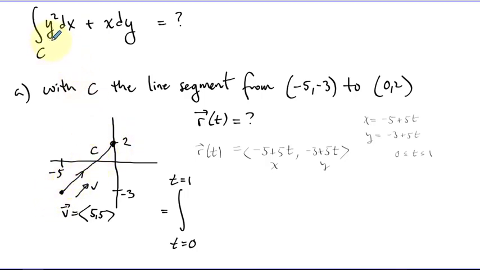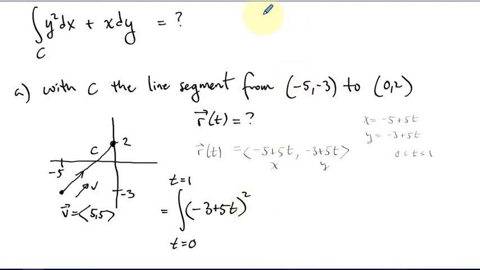So the y will be just whatever the y is on that path. So it'll be -3 plus 5t in terms of the parameter. That's the y, so it has to be squared. So I have y squared times the differential in x.